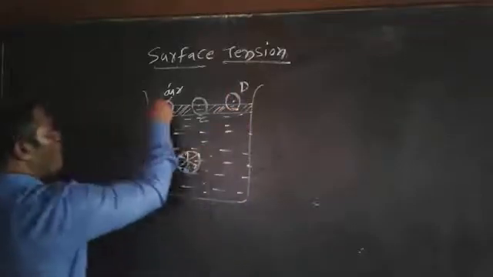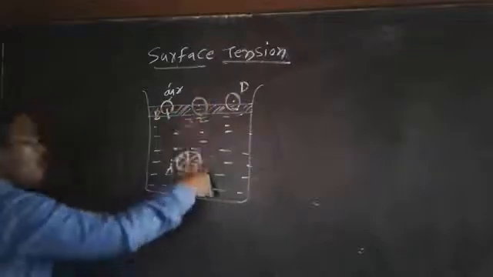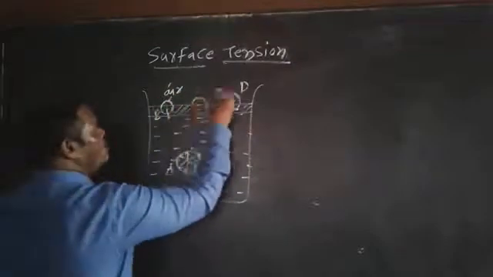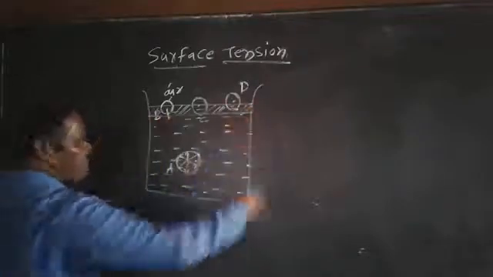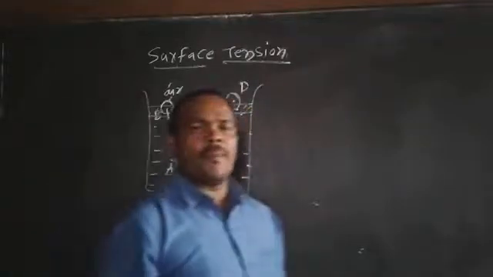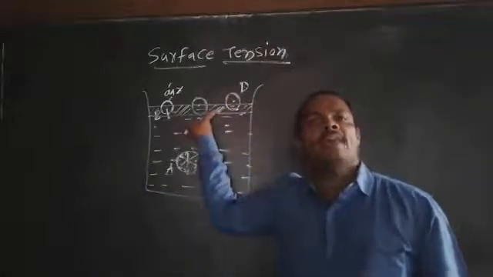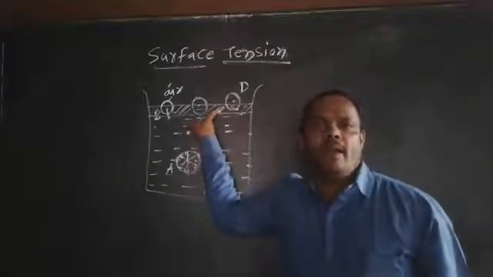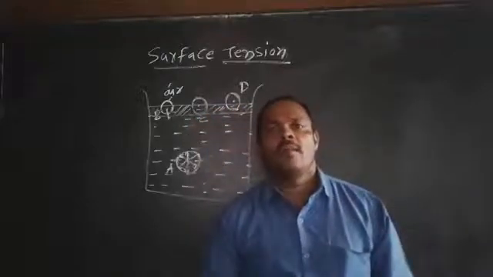Then the molecules which are in this surface film, say molecule B, molecule C or molecule D, will act like a stretched membrane. The surface film of the liquid acts like a stretched membrane, like elastic rubber.